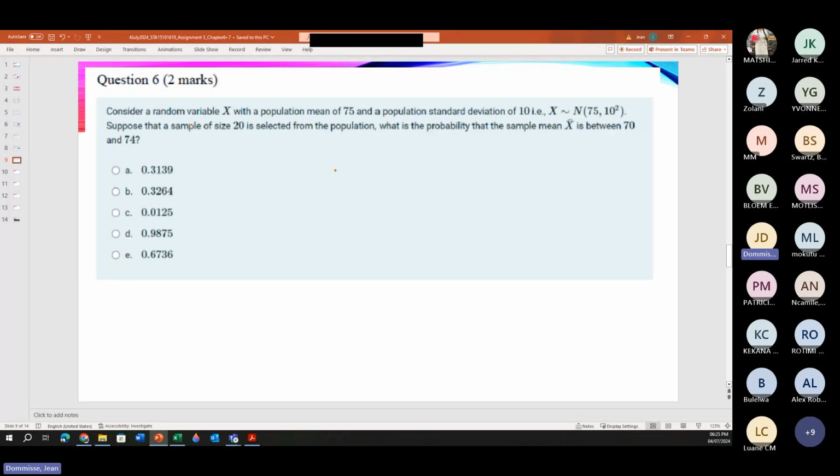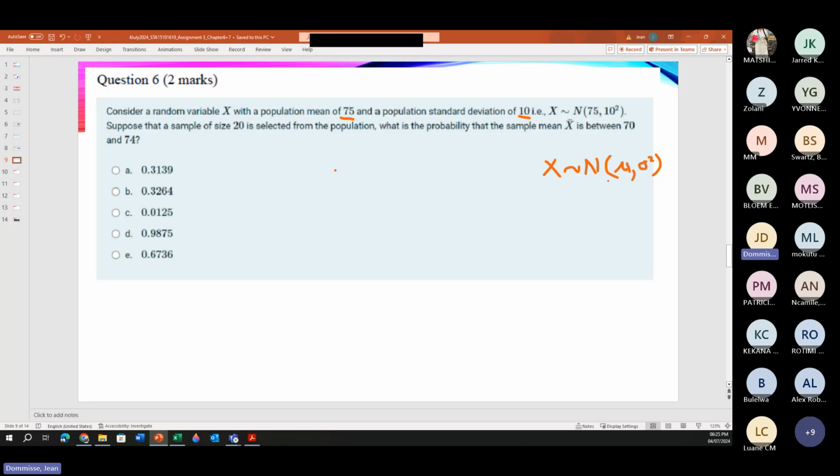Consider a random variable with a population mean of 75 and a population standard deviation of 10. Okay, so just be aware of this notation where they say X is distributed normally, with a mean and variance.